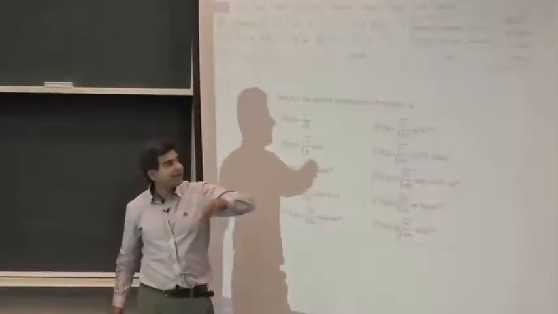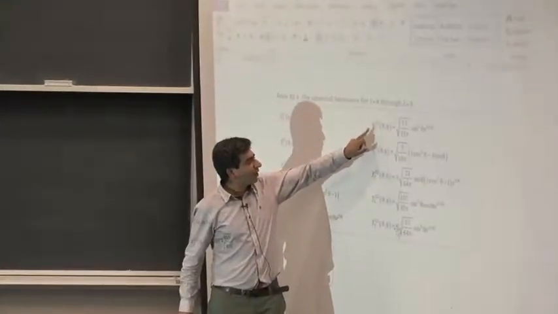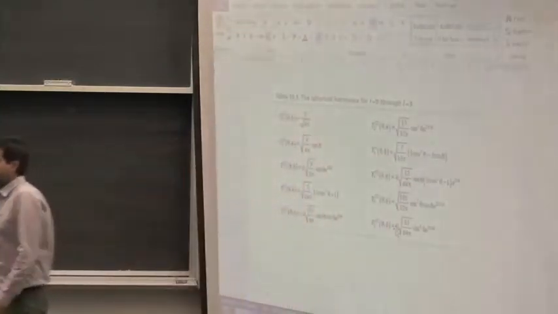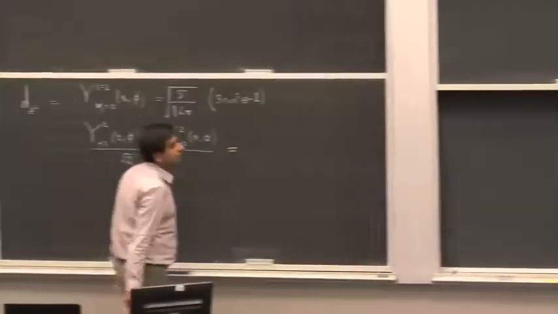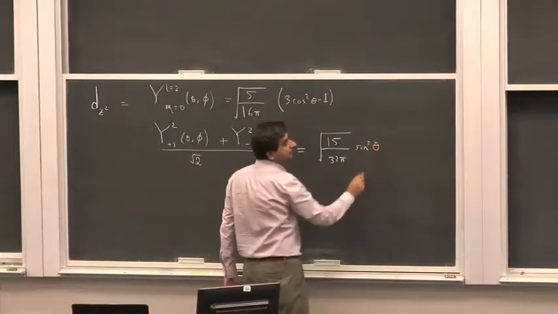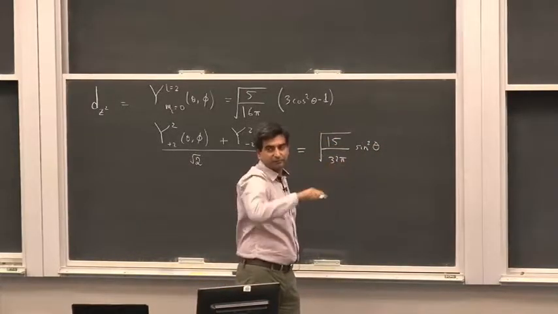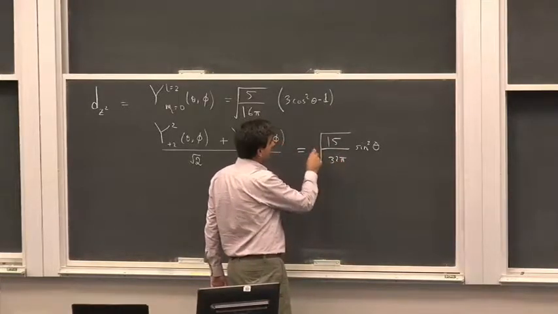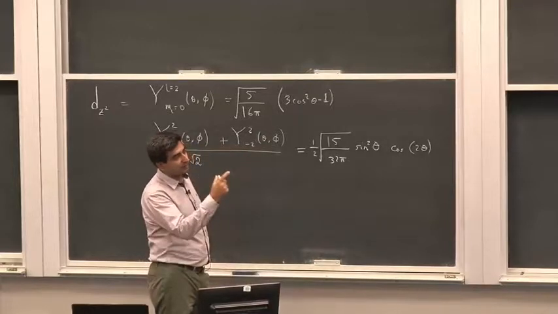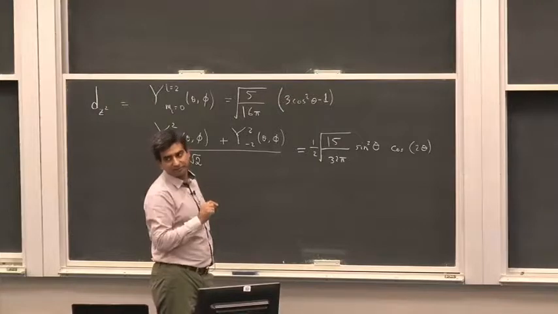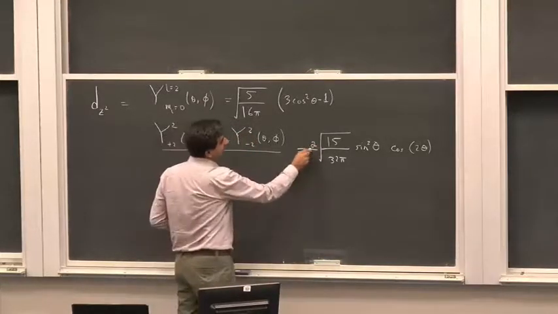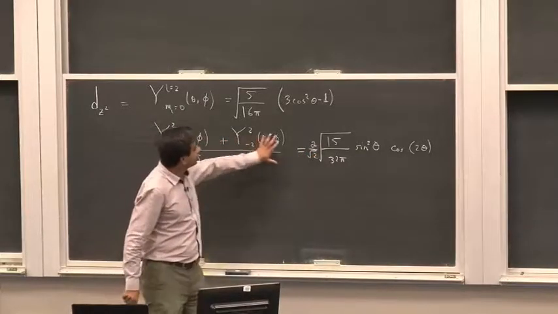Now if I take two terms with opposite values of m, that is m equals 2 and m equals minus 2, and I add them together, one with plus and one with minus, I'm going to get the square root of 15 over 32 pi, sine square theta, times e to the i2 phi plus e to the minus i2 phi, which gives me 2 times cosine of 2 phi, and I also have this root 2 here. So now this is a superposition of two orbitals.